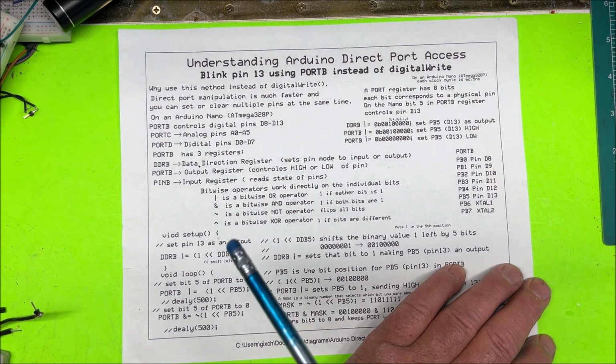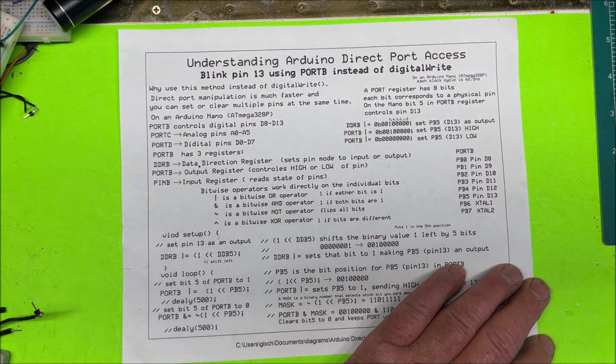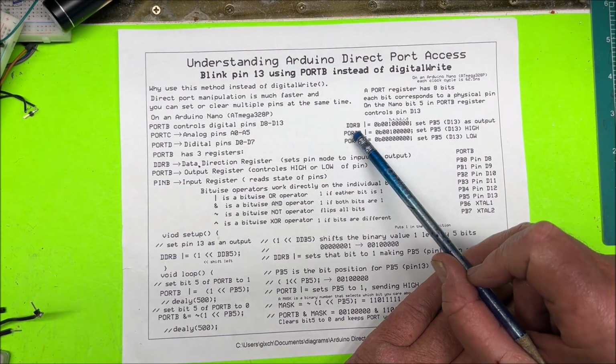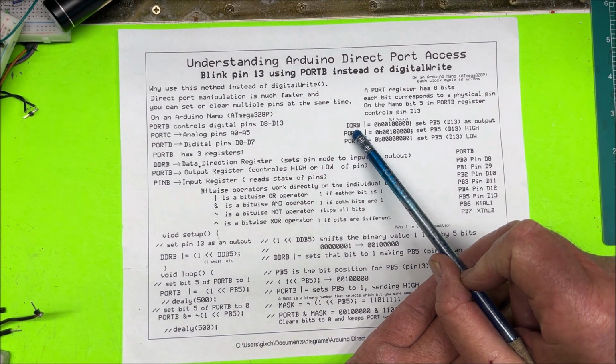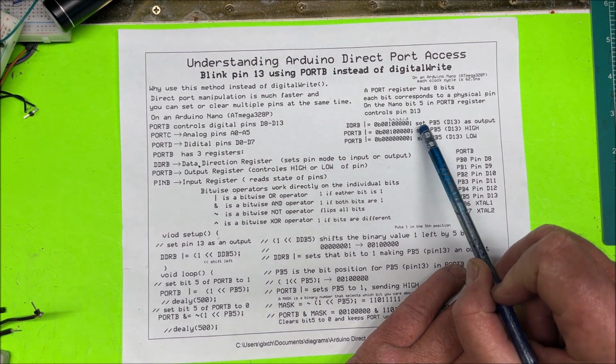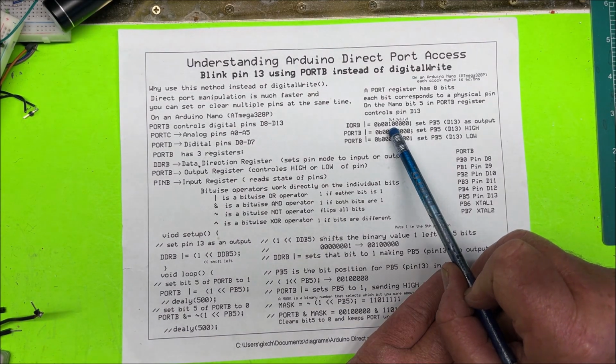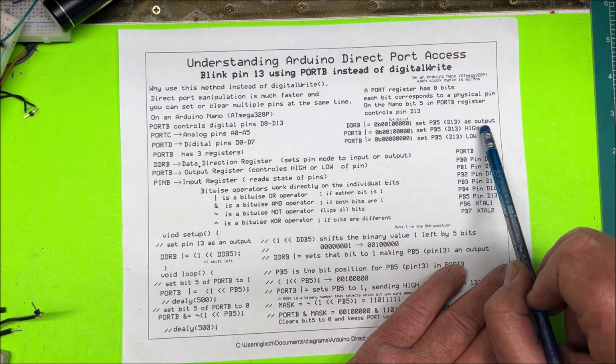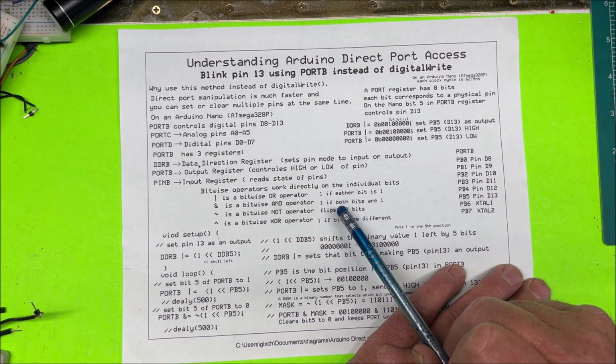Now, a port has 8 bits, and each bit corresponds to a physical pin, okay? And on the Arduino Nano, bit 5 in the port B register controls pin D13, which is our LED light, okay? So what we want to do here is put a 1 in the DDR register in the 5th position, and that's going to set D13 as an output, okay?